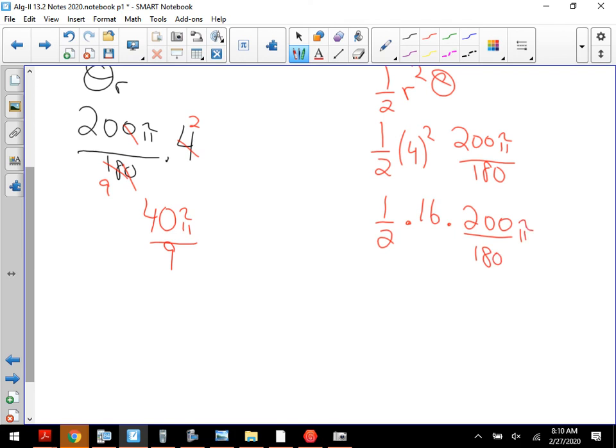Spread it out a little bit and make your life really easy. What's the first thing I'm going to knock out? A 0. Then what's the easiest thing to get rid of? The 2 and the 200, and the 2 and the 20 become 10. Between 18 and 10 or 18 and 16, does it matter which one I simplify? If I simplify 18 and 16, they're both divisible by 2. This becomes a 9 and this becomes an 8. So you have 80 pi over 9.